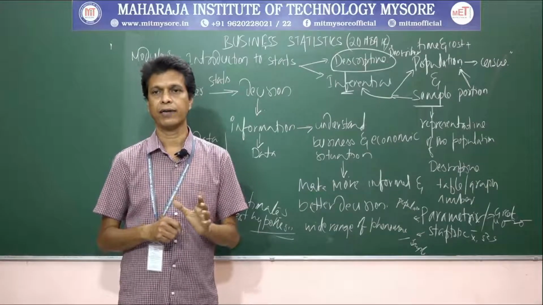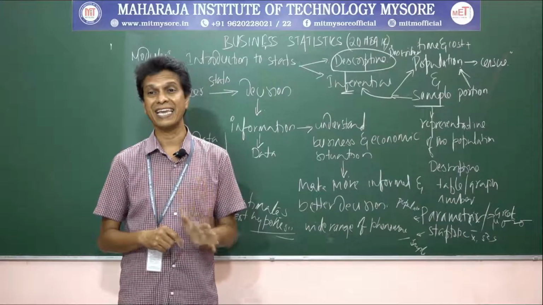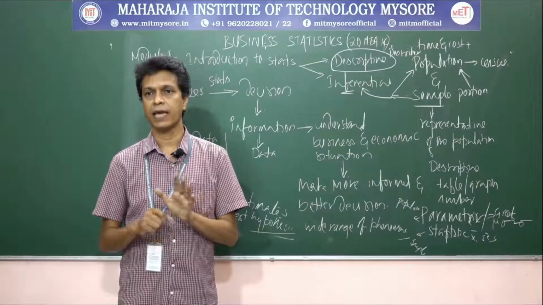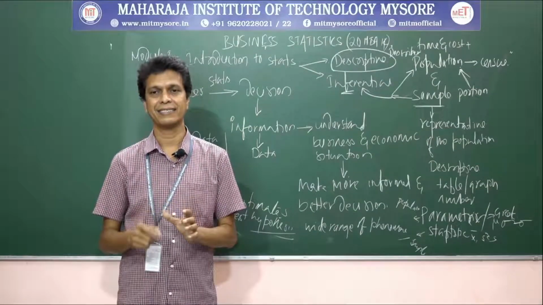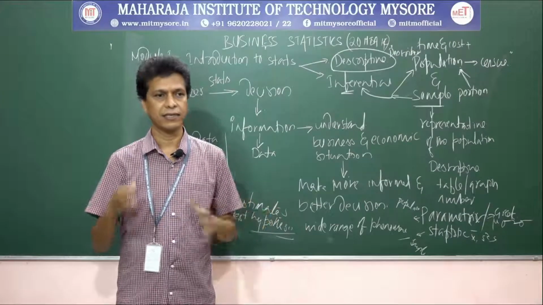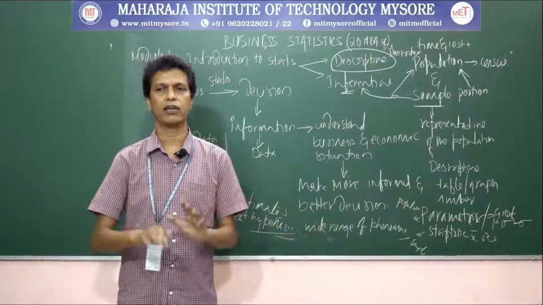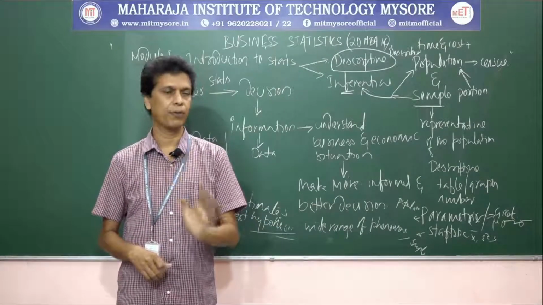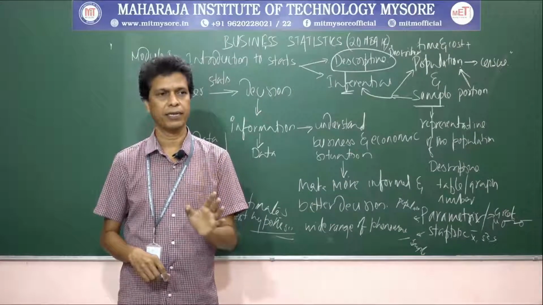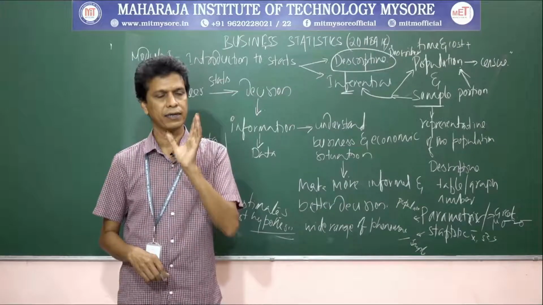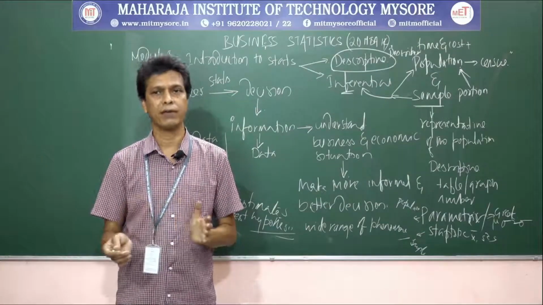However, calculating parameters is usually infeasible because of the time and money required to take a census. Census means we have to gather information from the whole population. That is why the Government of India conducts a census once in 10 years, because it is not easy to do it every year.